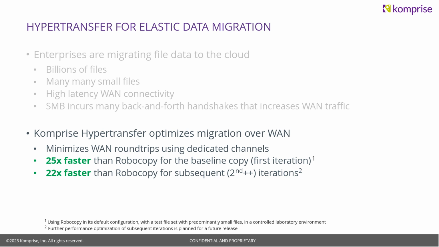And for those subsequent iterations, we find that we're about 22 times faster than Robocopy. And these, again, are our measurements within the lab conditions. But when we got this out in the field with customers, they're noticing that same orders of magnitude speed up using Hypertransfer than without. So it's pretty exciting.